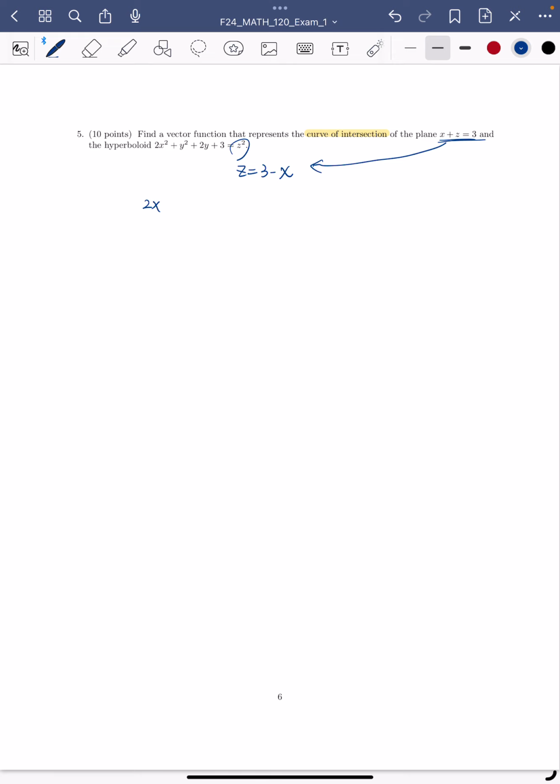Now 2x squared plus y squared plus 2y plus 3. Okay, so you get, I guess you can first put the x term together, right? Like this. So y squared plus 2y minus 6 equals 0.